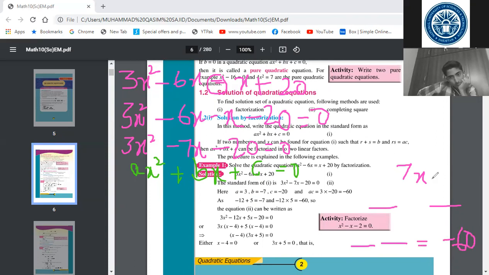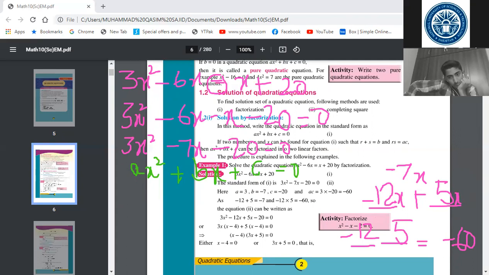So how to split it? There must be a negative sign with the bigger quantity. When we subtract 12x and 5x, the answer is 7x, but the negative sign goes with 12. So minus 12x plus 5x equals minus 7x, and 12 into 5 equals minus 60.